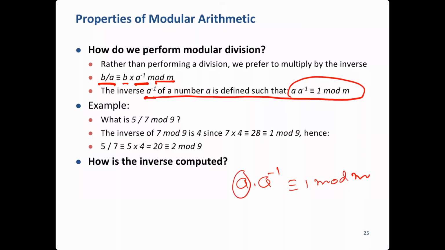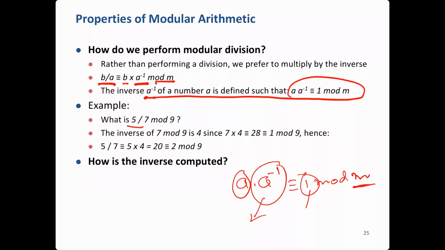So given a, you have to find a inverse such that when you multiply this by a, for the given value of m, you get the answer 1, or the remainder is 1. Okay, all right. Please go through the slides again by yourself.